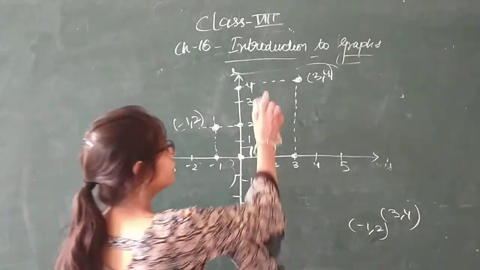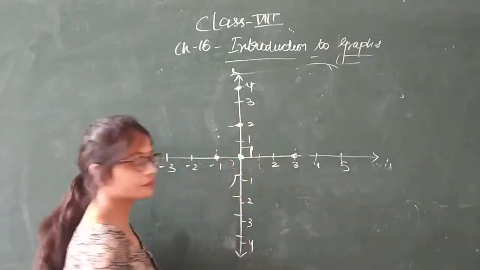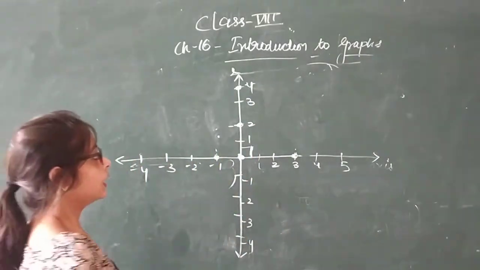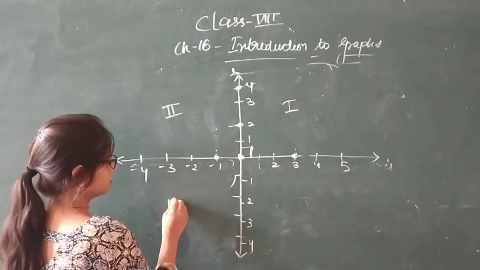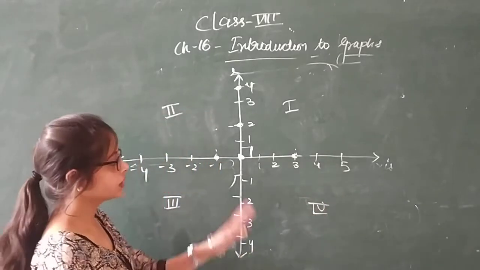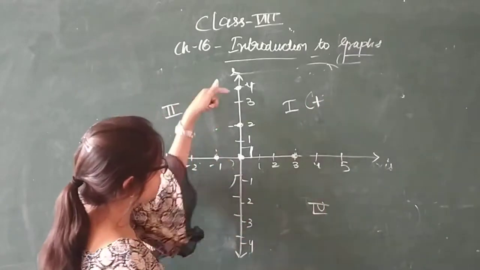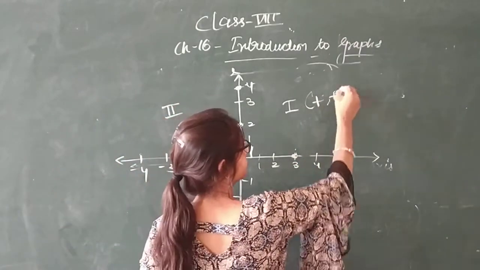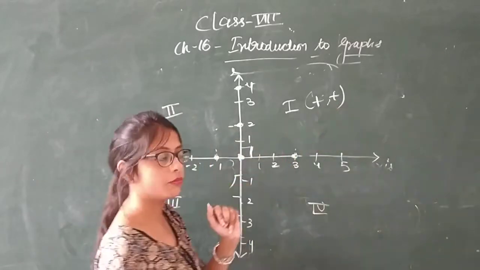Now, moving forward, this is the first quadrant, this is second, this is third, and this is fourth. In the first quadrant, x is positive, y is positive. So in the first quadrant, both x and y will be positive.